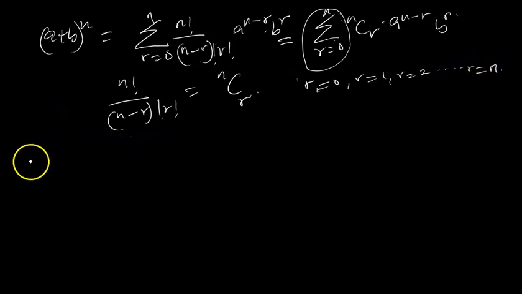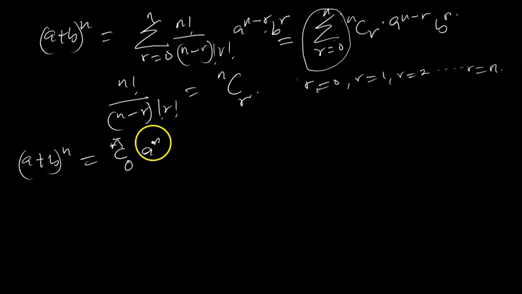That tells us that (a + b) raised to power n is the same thing as nC0, that's when r equals 0, a raised to power n minus 0, which is n, b raised to power 0.